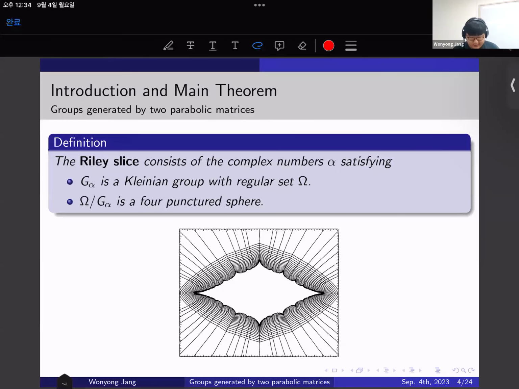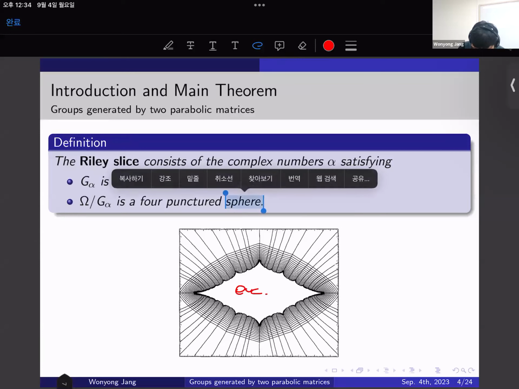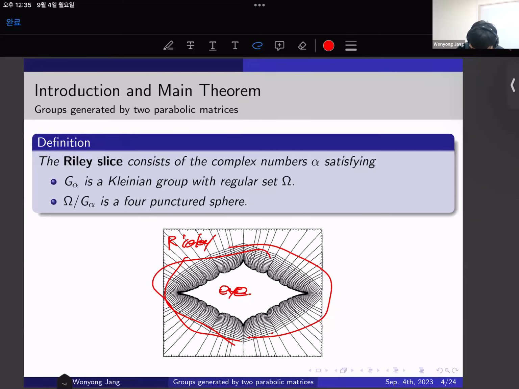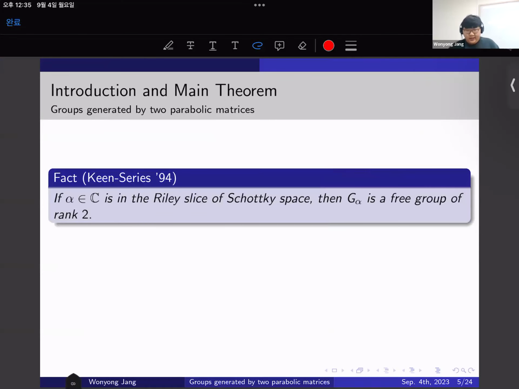Here is the Riley slice. Recall that the Riley slice is outside of this region. So the Riley slice is this region. And it is known that if the complex number alpha is in the Riley slice, then the group G alpha is isomorphic to a free group.